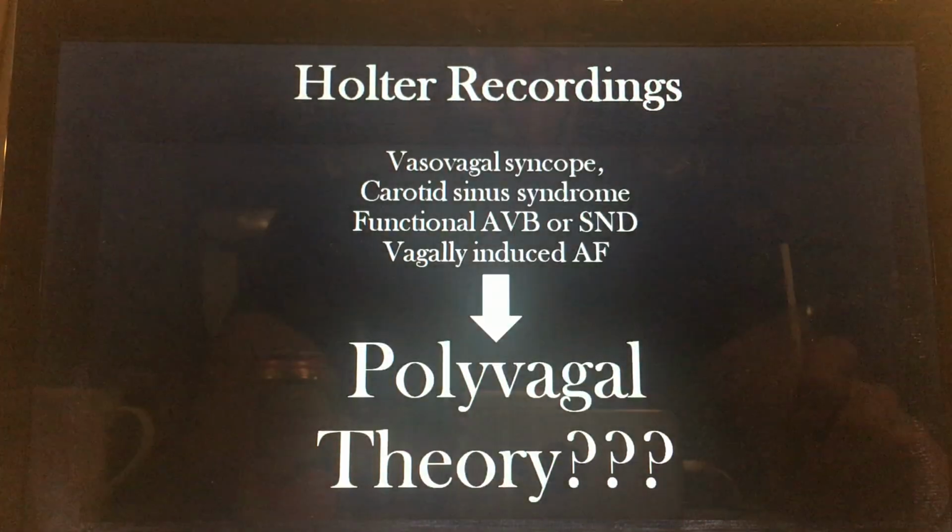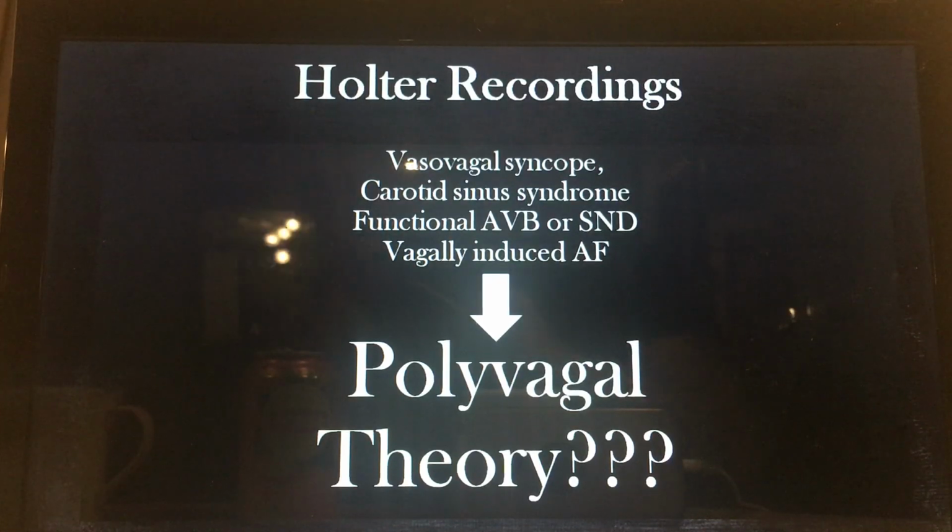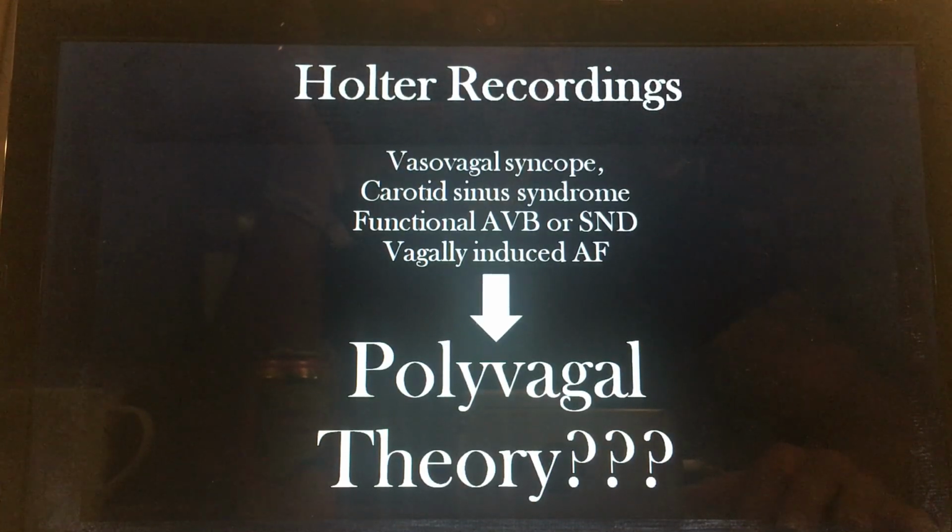So actually we believe that vasovagal syncope, carotid sinus syndrome, functional AV block, or some types of sinus node dysfunction and even vagal induced atrial fibrillation may be different presentations of the same pathophysiological phenomenon, and I think that this topic deserves investigation.